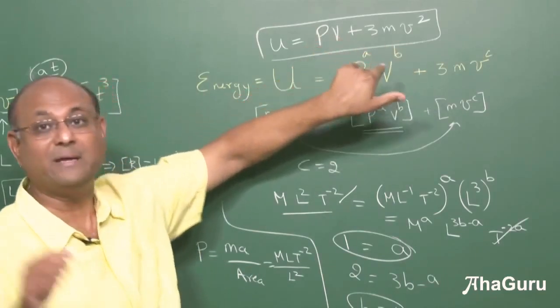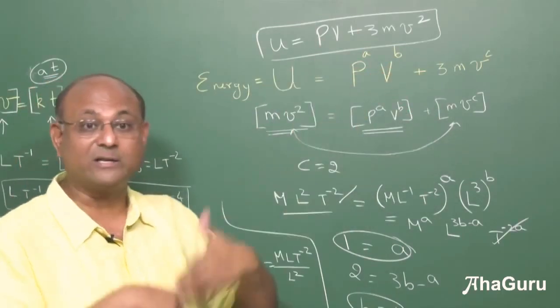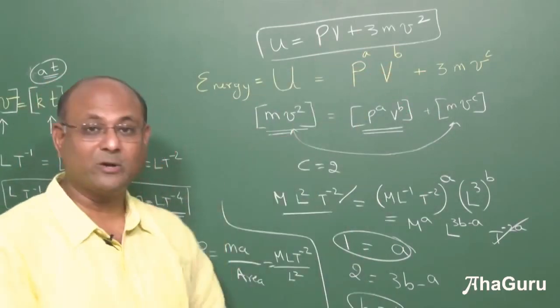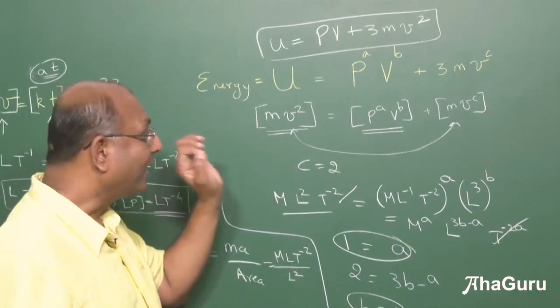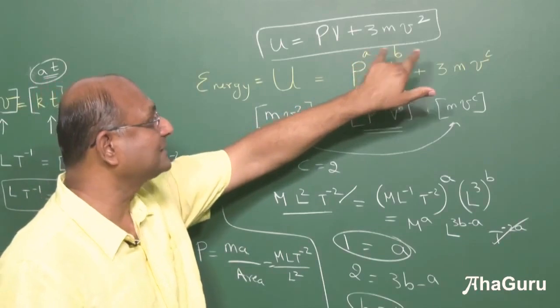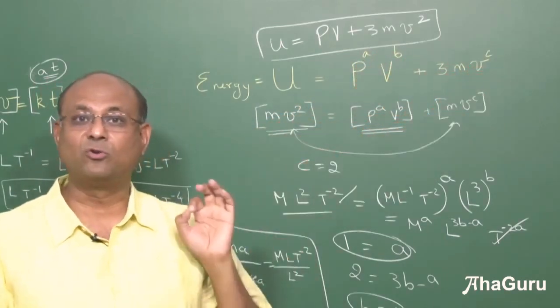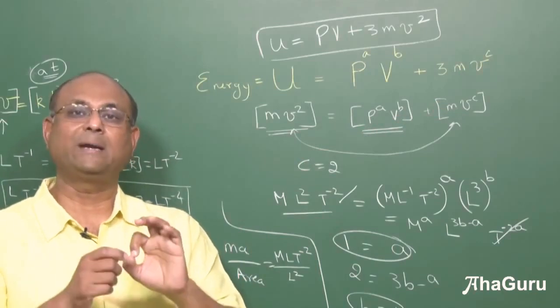Now if you notice this, I started out with P power A, V power B. I found it must be P into V, which is very powerful because it helps you find out what it should look like. Okay, we'll take one more example to understand this. What dimensional analysis does is that it allows you to find things like A, B, C here, even if you don't know them. You just need to know what the dependencies are.